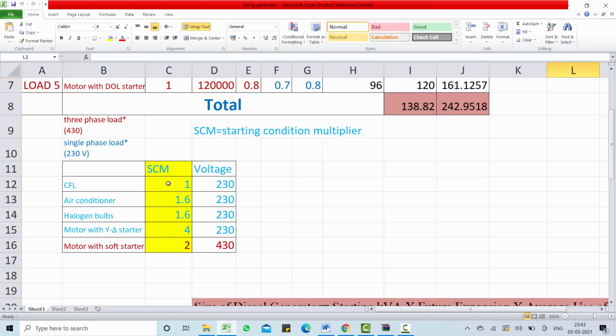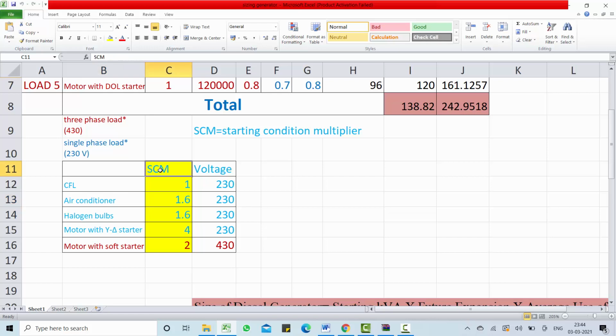This table explains the starting condition multiplier: for a compact fluorescent lamp, 1 times the full load current. Air conditioner as well as halogen bulbs, 1.6 times the full load current, since these two are non-linear loads. Motor with star delta starter, 4 times the full load current; motor with soft starter, 2 times the full load current.